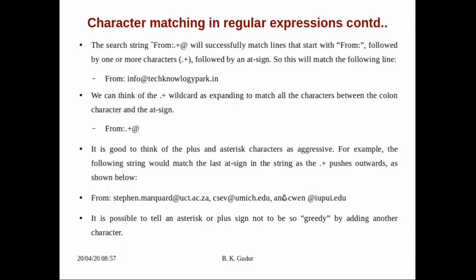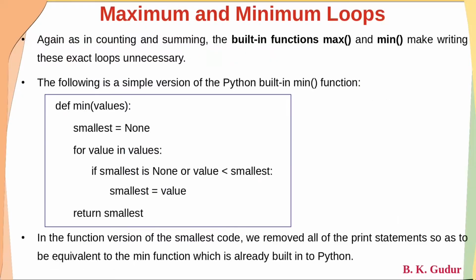This line contains 3 email addresses, one here, another here and another here. If I write such an expression, it will extract all 3 email addresses, but I want to extract the first one only. How can we stop at the first occurrence of at? That we will discuss in a later part.